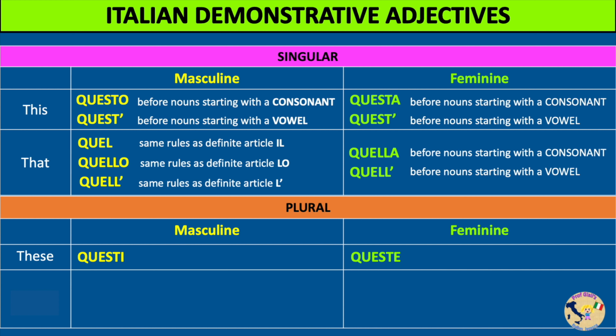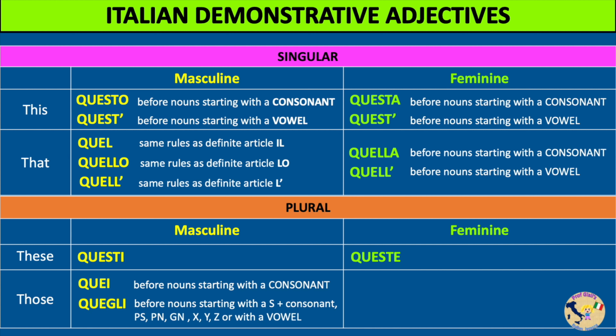As for the masculine adjective forms for those, these two follow the rules for masculine definite articles. So we use quei before nouns starting with a consonant, and we use quegli either before nouns starting with s plus consonant, ps, pn, gn, x, y, and z, or before nouns starting with a vowel. And finally, the feminine adjective for those is quelle.